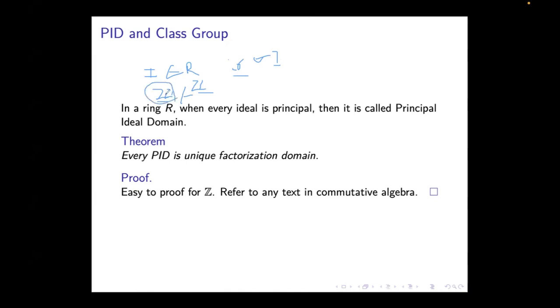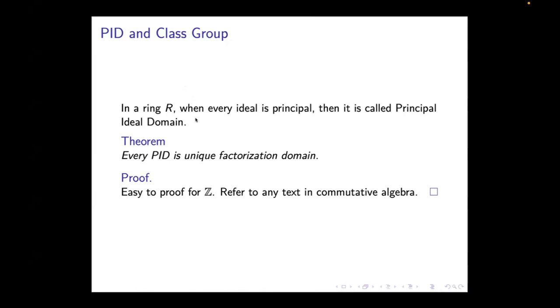This is a very simple fact: any number multiplied with an even number is an even number again. So 2Z is an ideal in the ring Z. Now, an ideal is called principal when it is generated as multiples of a single element.